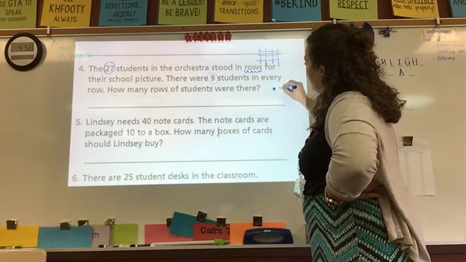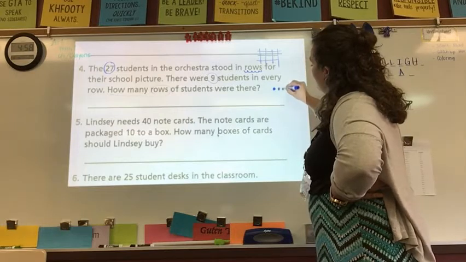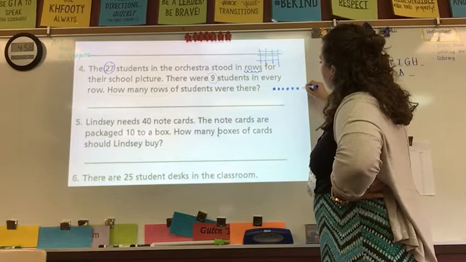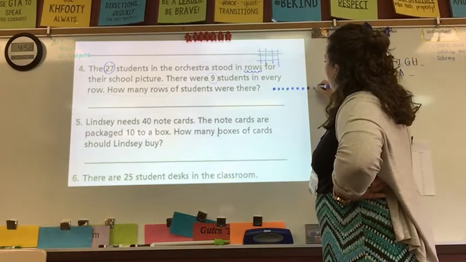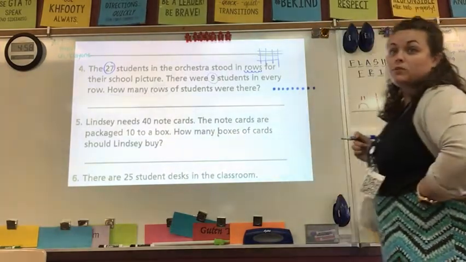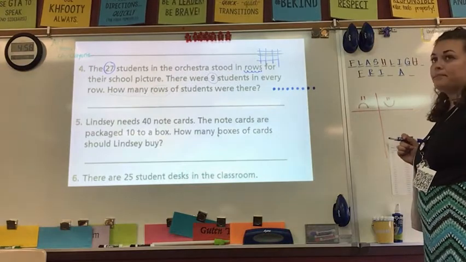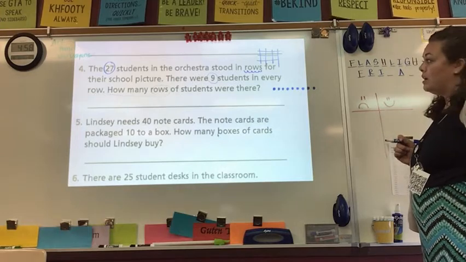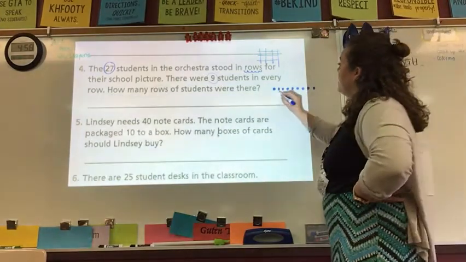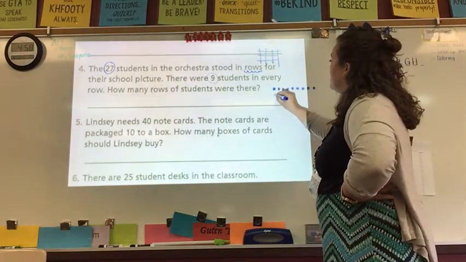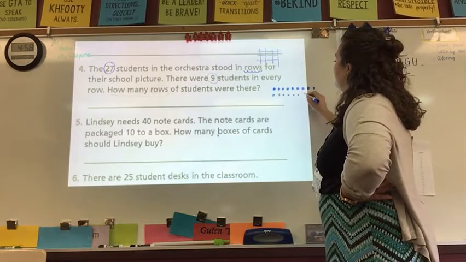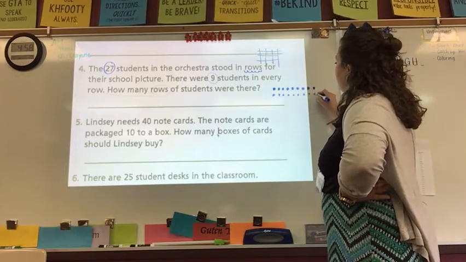One row of 9. 1, 2, 3, 4, 5, 6, 7, 8, one row of 9. We're going to go ahead and keep filling that in all the way up to 27. 10, 11, 12, 13, 14, 15, 16, 17, 18.